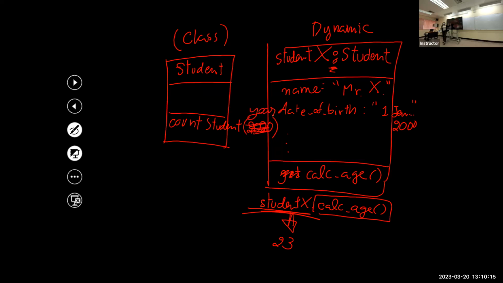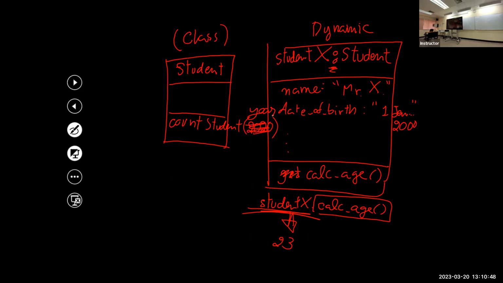This does not belong to any particular object operation. It's not an operation that will execute on the object itself, such as calculate age. This is for the student object. You will have different age to calculate, right? But count student of a particular admission year is not for each of the objects, but it's for the whole class to calculate, to count how many students in total for the whole admission year and something like that.